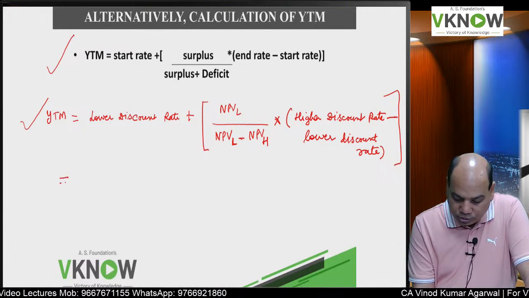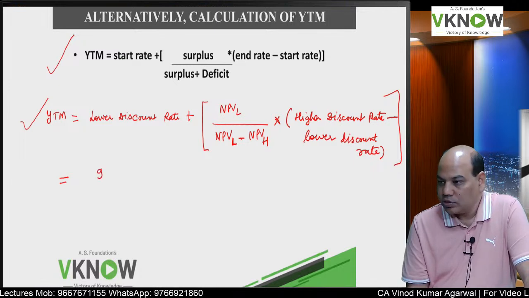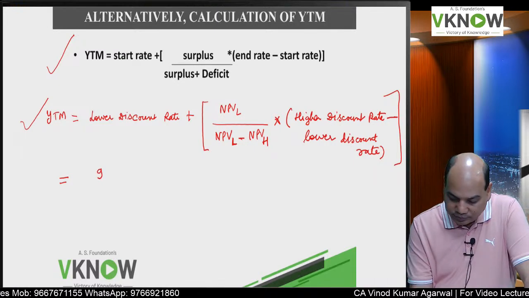So now tell me, you will have to give me the answer. Lower discount rate was 9%, right?